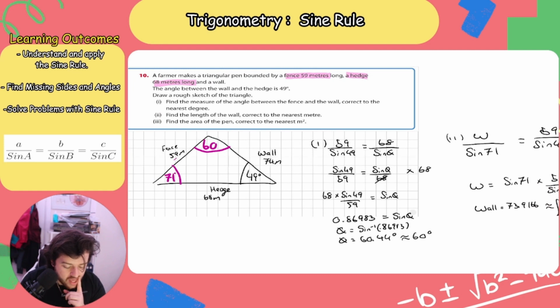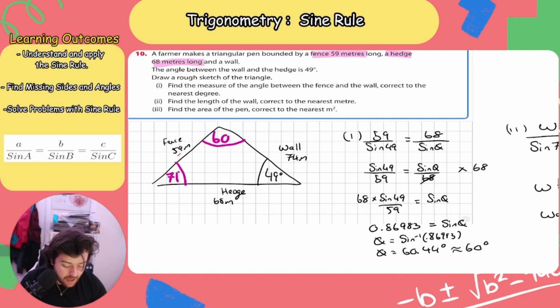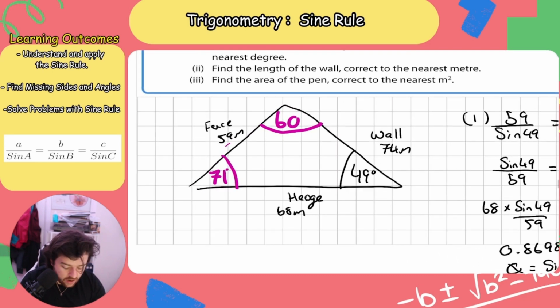And then finally, part 3: find the area of the pen correct to the nearest meter. Well, recall, a half ab sine C is my area formula. So I just need two sides and then an angle trapped between them. Fence 59, hedge 68, and I have the angle 71 trapped between them.